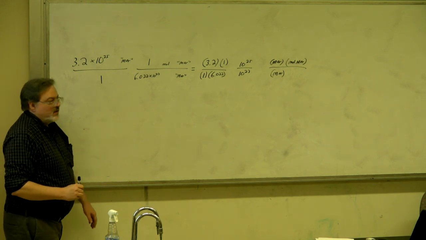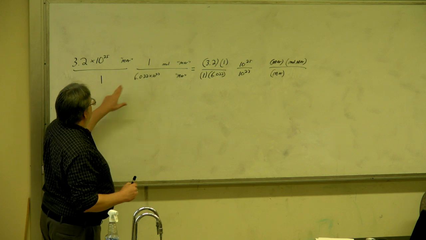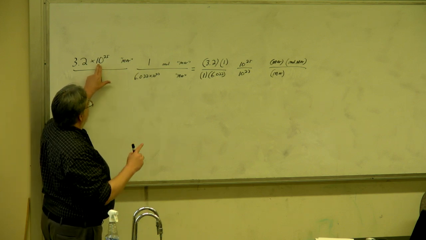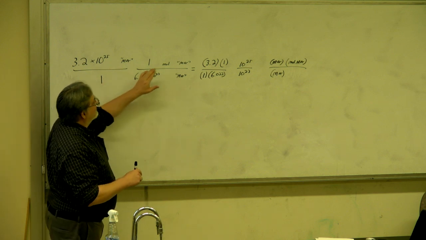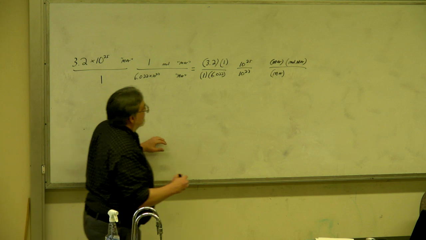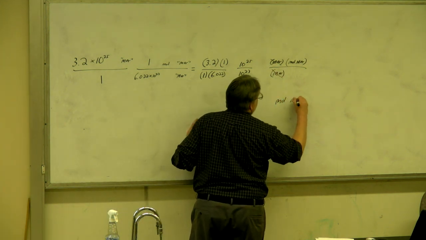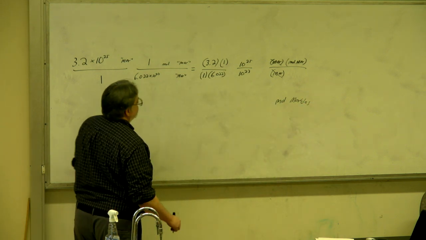I've got 3.2 and the 1 and the 6.022, 10 to the 25, 10 to the 23, blank marbles, moles of marbles, blank marbles. So blank marbles cancels, and I'll end in moles of marbles.